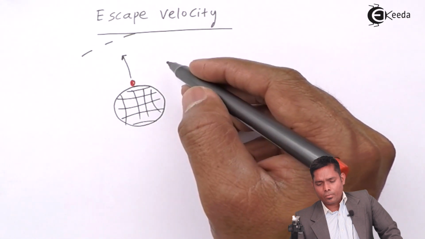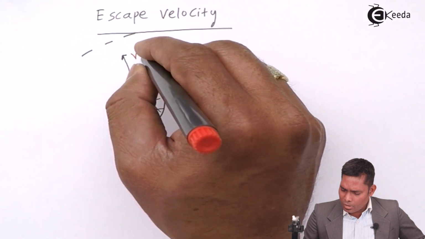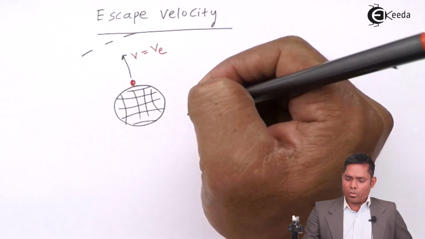escape velocity. So if I provide a velocity v which is equal to the escape velocity, then it will not return back.